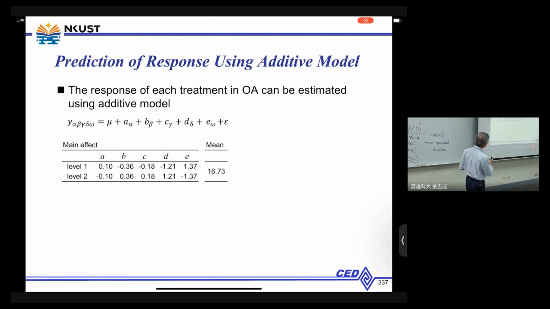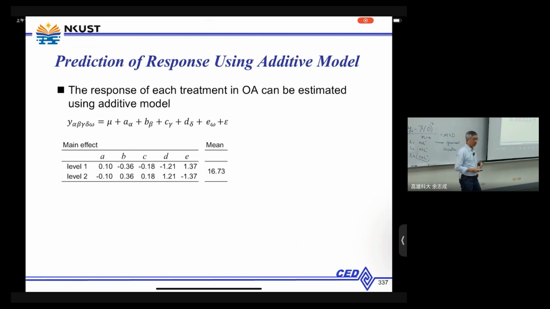We have 5 control factors, so the additive model will be mu plus the A, B, C, D, E main effects. The subscripts alpha, beta, gamma, delta stand for the level number. Here we only have 2 levels, so each will have 2 possible values, 1 or 2.